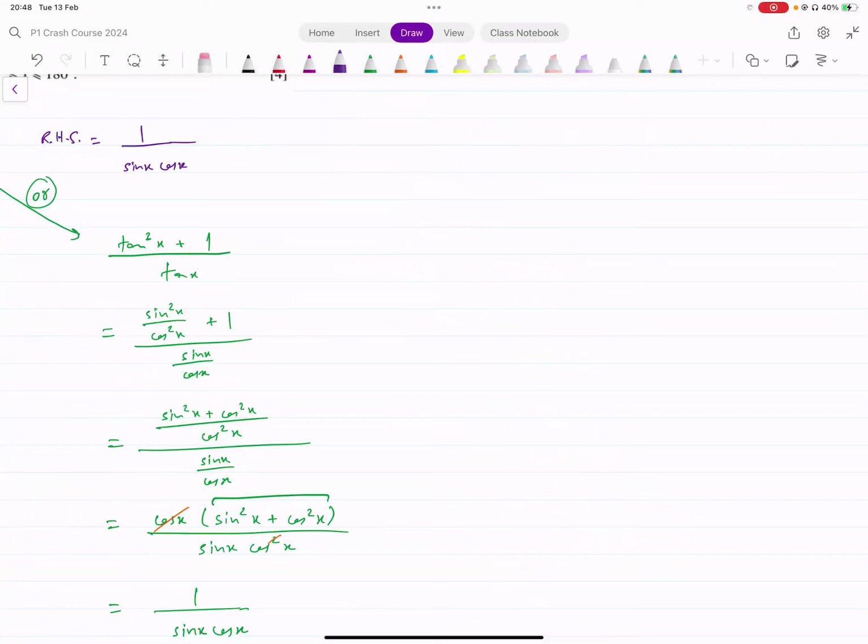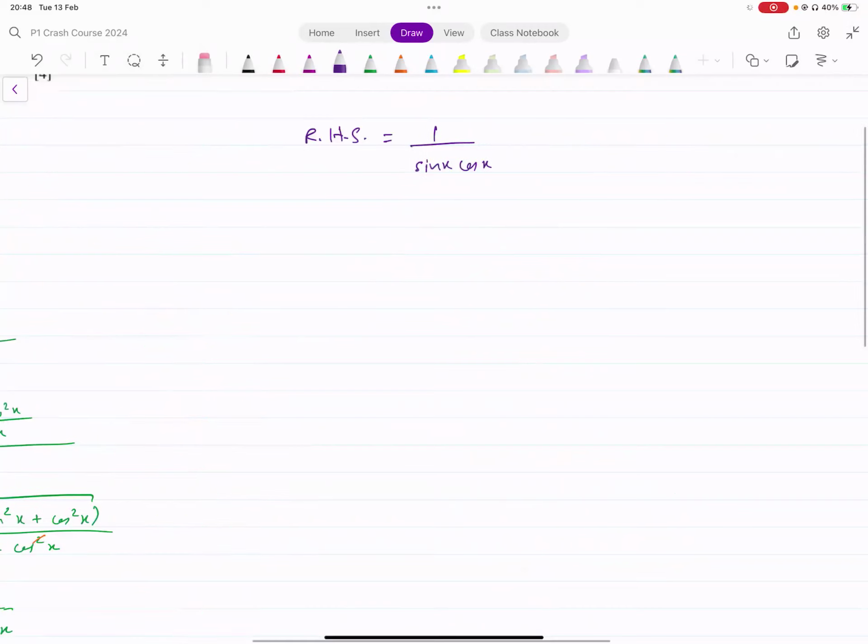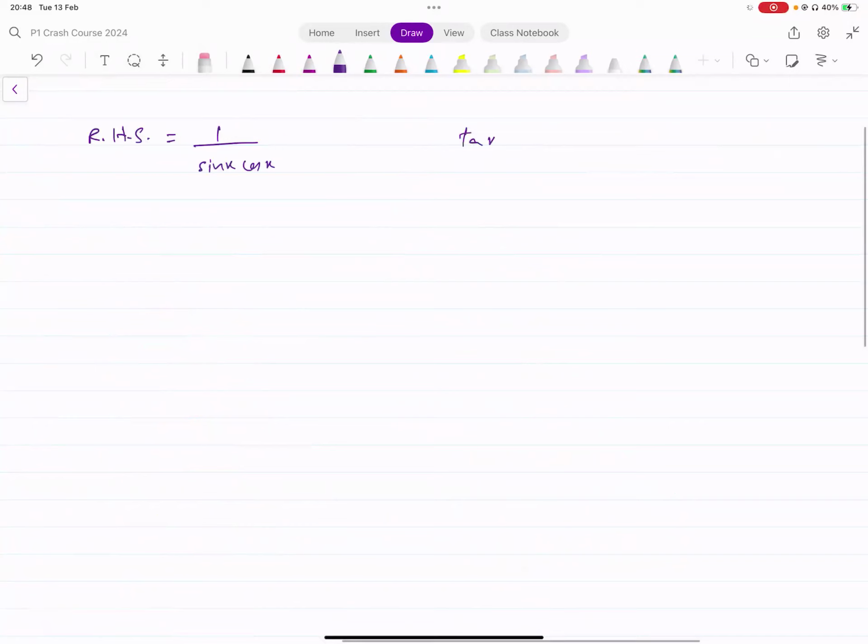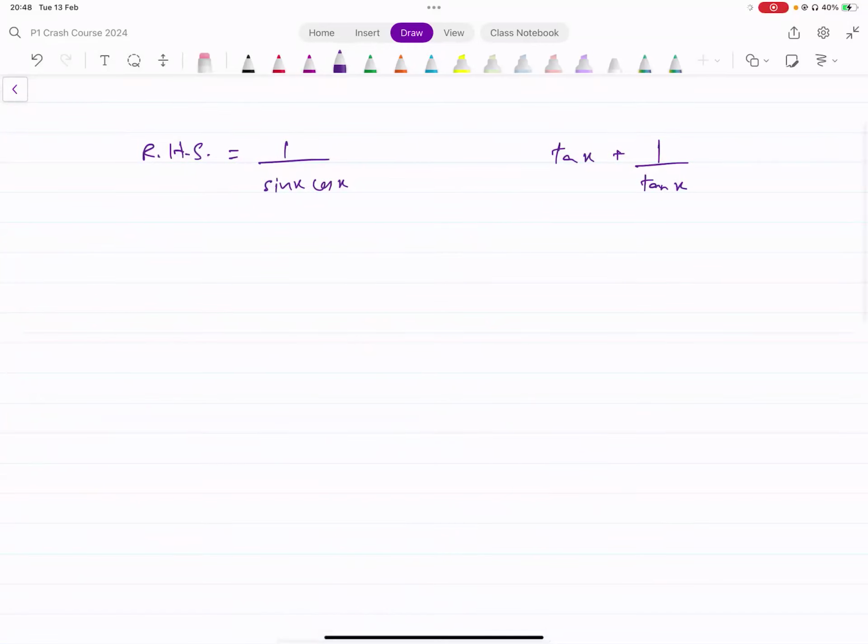So if we start from the right hand side, that would be 1 over sine x into cos x. And what we want at the end is something like this. Tan x, so keep this in mind, tan x plus 1 over tan x. That's what we want at the end. Okay, so if we started from the right hand side, now what we want to do is convert it to tan.